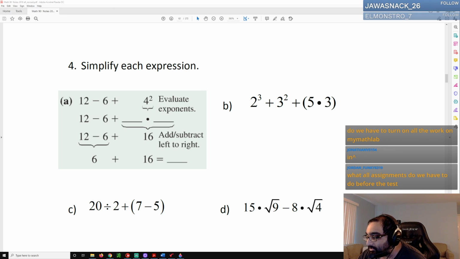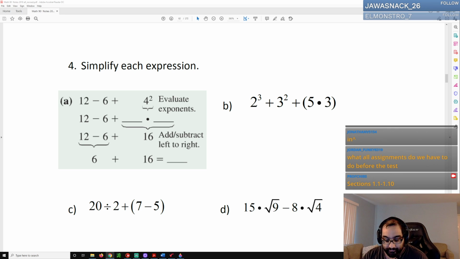Everything in Chapter 1, so Sections 1.1 to 1.10, skipping 1.9, of course. Not Chapter 9, just stuff in Chapter 1. Okay? Just stuff in Chapter 1. That's it.